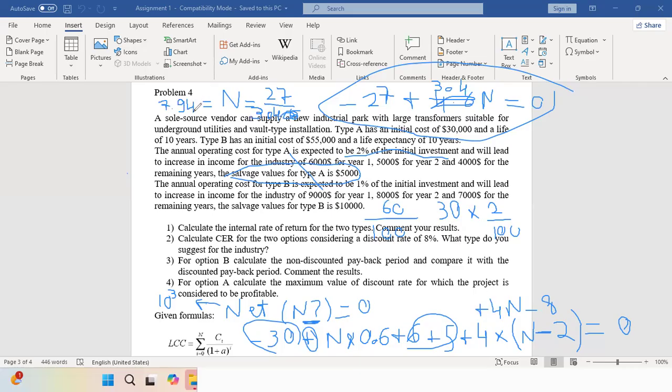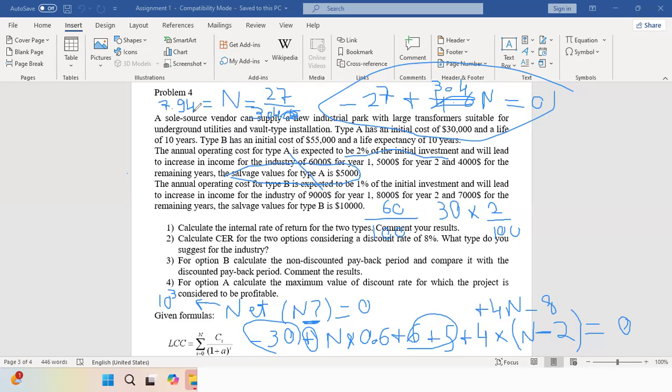So from this calculation, we can expect already that since the non-discounted payback period is really close to 10, the performance of the project might not be good. We can question the performance of the project, and this is a good indication that the project might not be profitable.